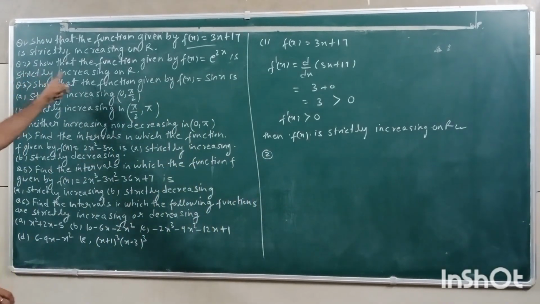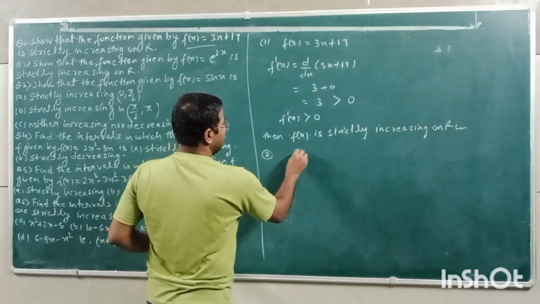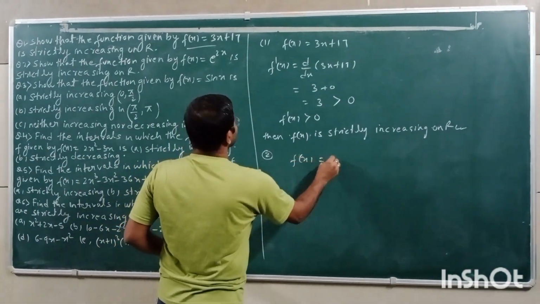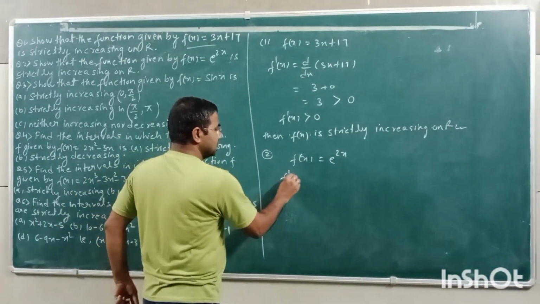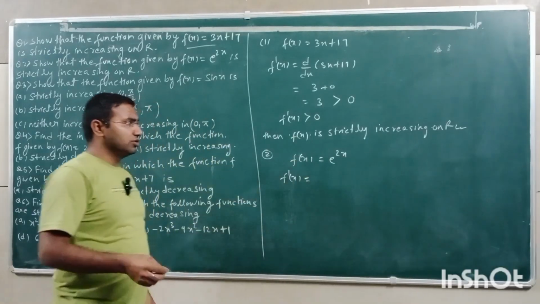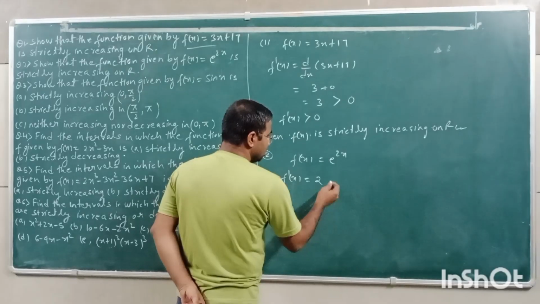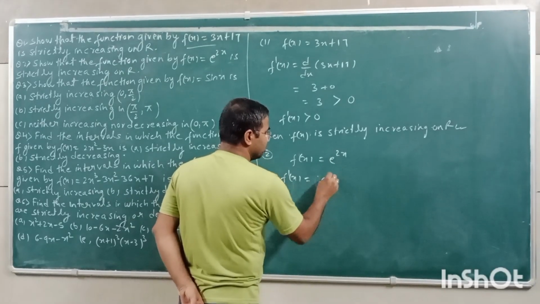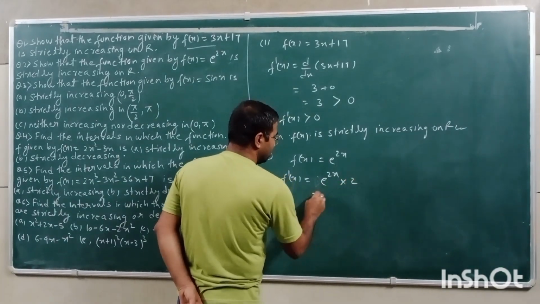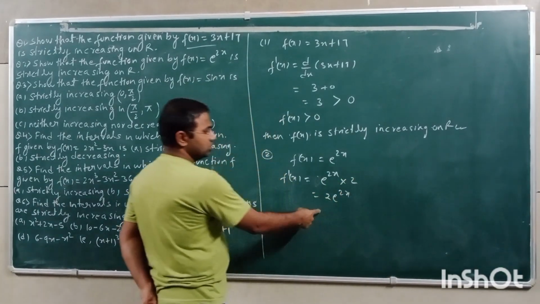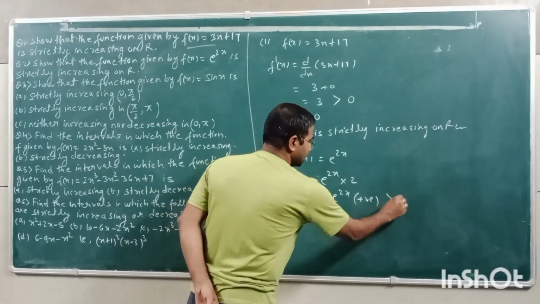Now the second one: the function f(x) is equal to e to the power 2x, is it strictly increasing? We will find f'(x). The differentiation of e to the power 2x gives e to the power 2x, and the differentiation of 2x is 2, so f'(x) is 2e to the power 2x. Now see, this is a positive value, and a positive value is always greater than 0.